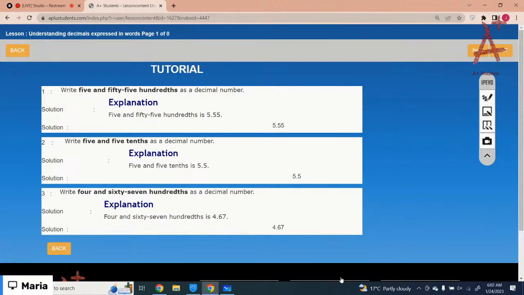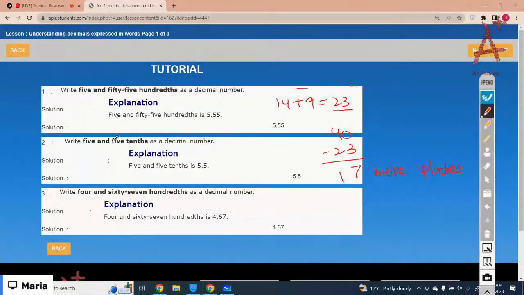Write 5 and 55 hundredths. 5 is the whole number, and 55 hundredths means you have to write the 55 as the hundredths. Got it? That would be 5.55. Okay, the next one is 5 and 5 tenth.